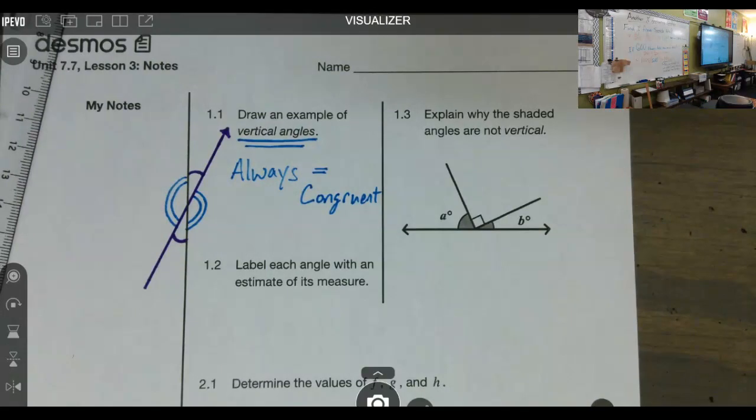Guys, you could write in things that you know. What do we know from that little square? Grab a new one.